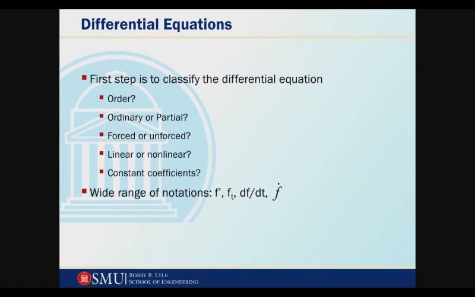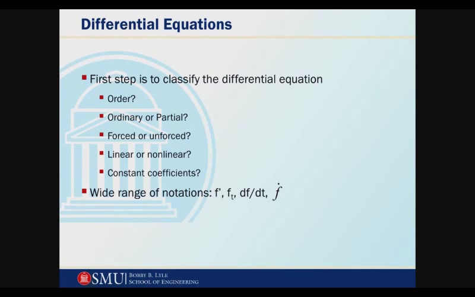I just want to make mention on the slide here of the various notations that go along with a differential equation. Some people use a prime or double prime to denote a first or a second derivative. If you're taking a derivative of time, you sometimes use a subscript, f sub t, or f sub x for a spatial derivative. df/dt is the most explicit way of writing it, and if you have the space and the time, it's probably a good idea to use that.